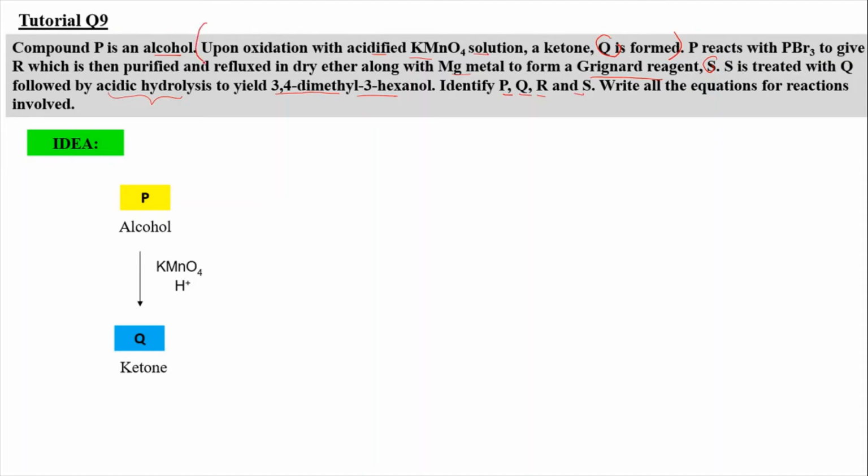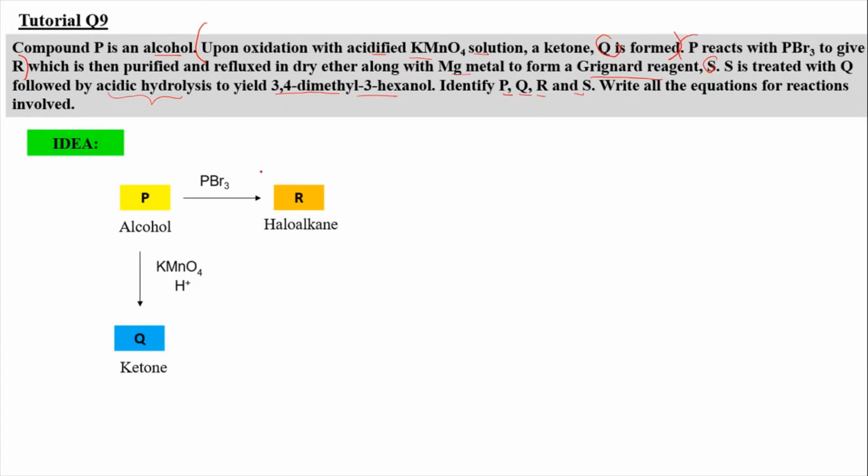Then P reacts with PBr3 to give R. As you know, when an alcohol reacts with PBr3, the OH group is replaced with Br. So I know that R is going to be a haloalkane. That covers the sentence up to here.